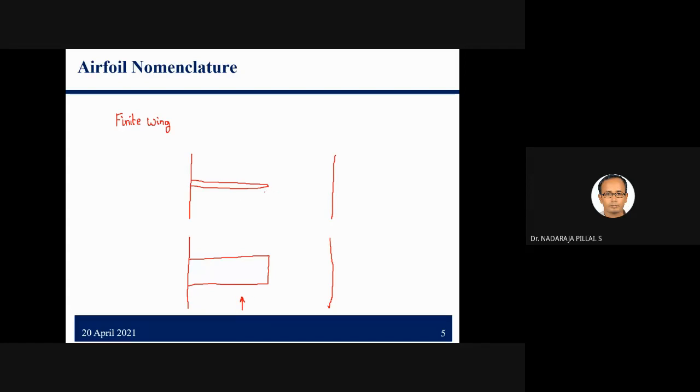Because of the pressure difference, the high pressure region here and low pressure region here, if you keep it at some angle of attack, the high pressure region tries to come to the low pressure region, right? And it forms an induced drag that you already know. So this creates a difference, and at all these locations you will feel different aerodynamic characteristics. Hence we call this a finite wing.